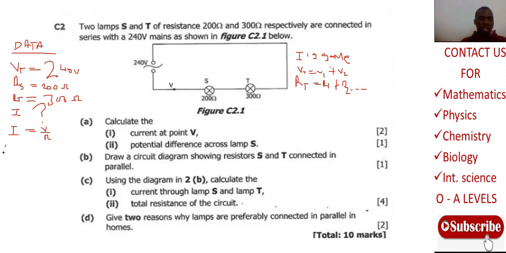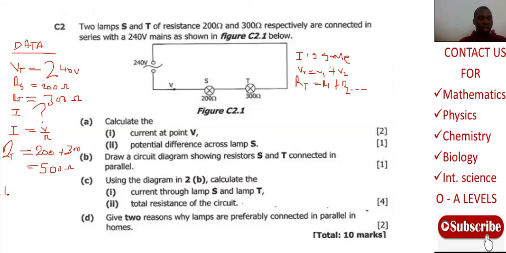So total resistance here, RT, will be given by R1 plus R2, so we're just going to add 200 plus 300. That will give us our RT as 500 ohms.